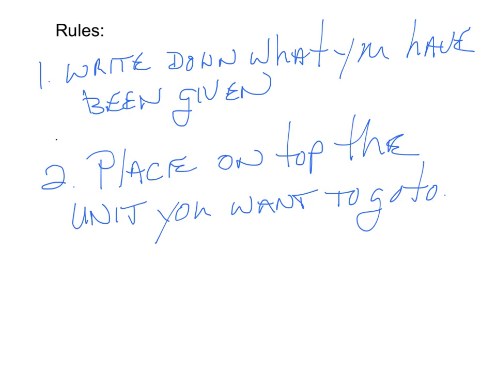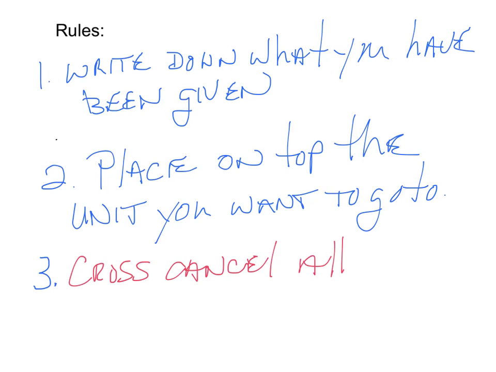In other words, if you've been given grams and asked to go to moles, you would write down the grams, then find out how many grams are in that mole, put the mole on top and the grams on the bottom, and then the grams would cancel out. And then the last thing is cross cancel all like terms.